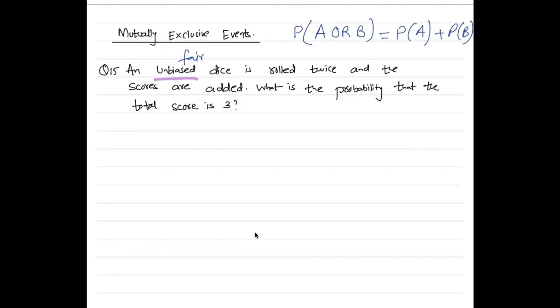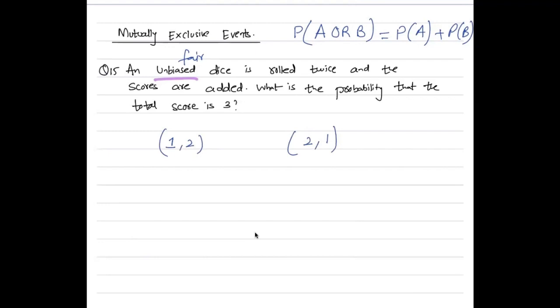So you roll 1 and 2. So if you get a 1 on the first dice and 2 on the second dice, your score is going to be 3. Is there any other possibility? 2 on the first one and 1 on the second. Yes. The other possibility is that you get 2 on the first die and then 1.